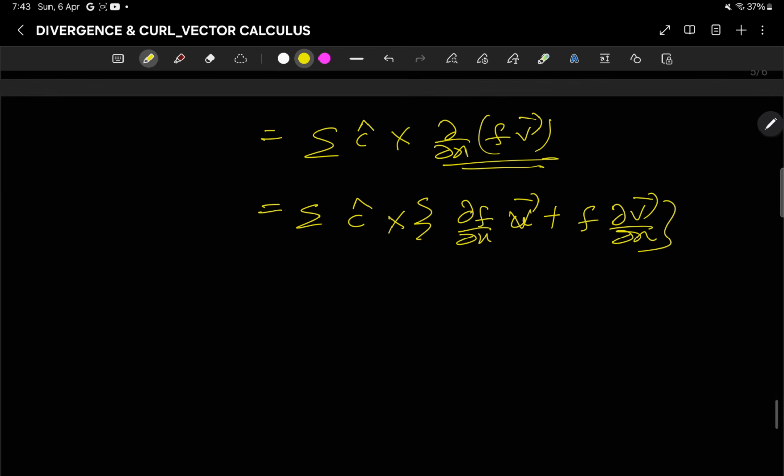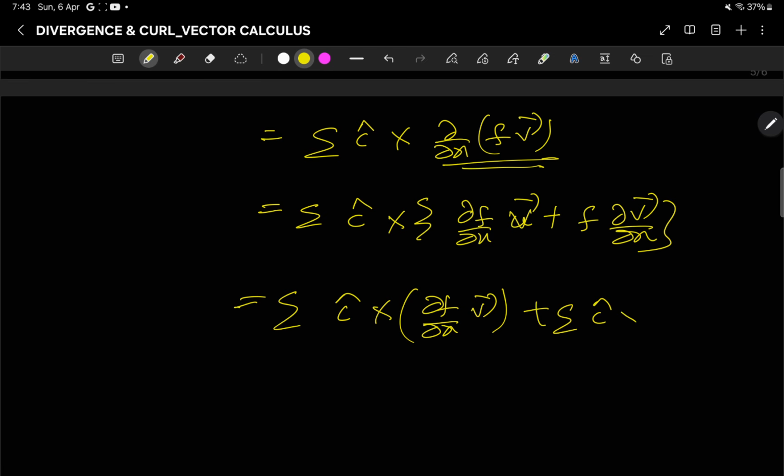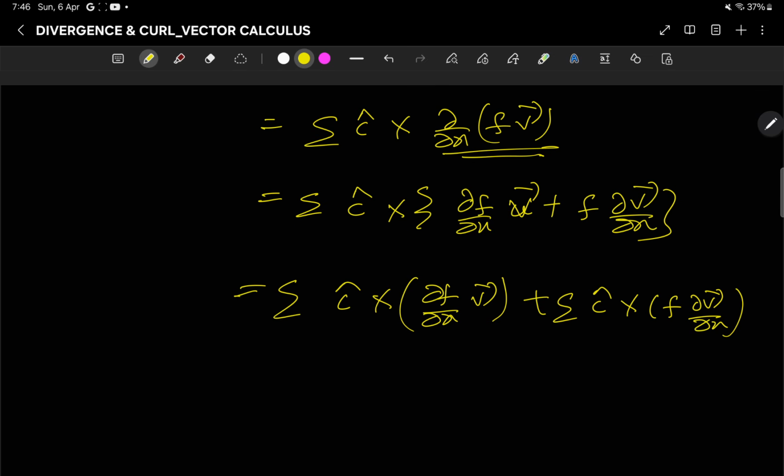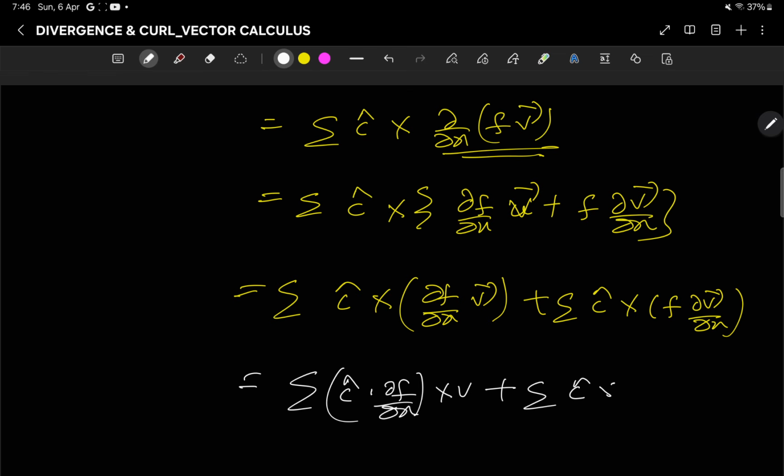Now you can separate them. So this is summation of i cap cross del f by del x v plus summation of i cap cross f del v by del x. So by the property of the scalar triple product, you can write it as summation of i cap dot del f by del x cross v plus summation of i cap cross del v by del x f, right?